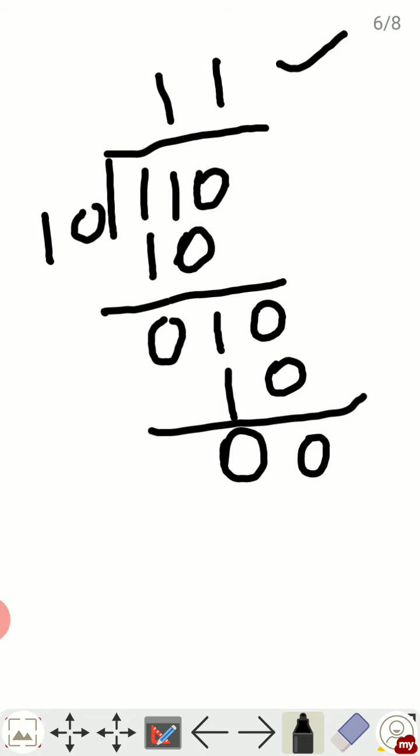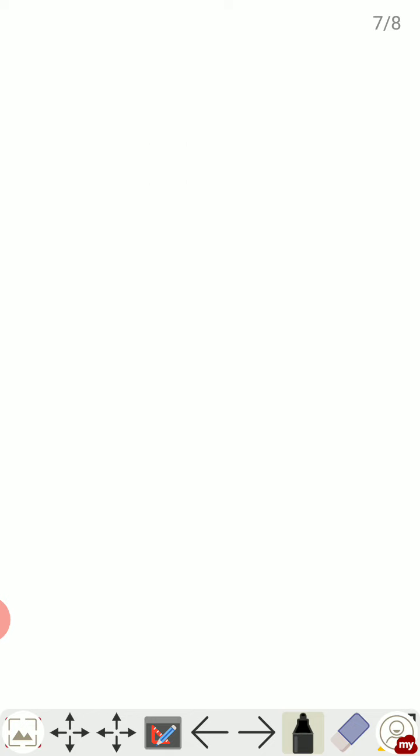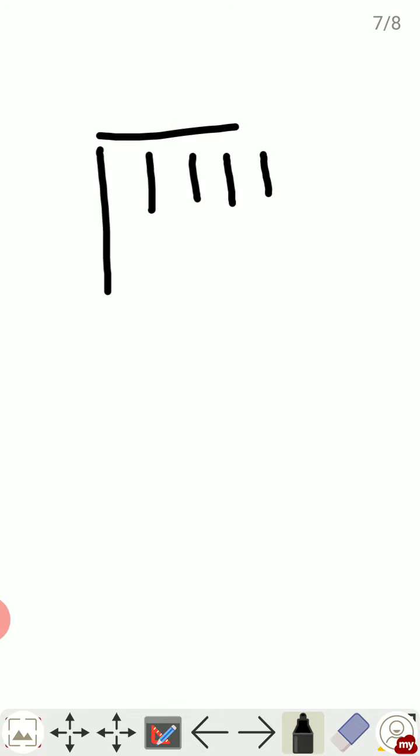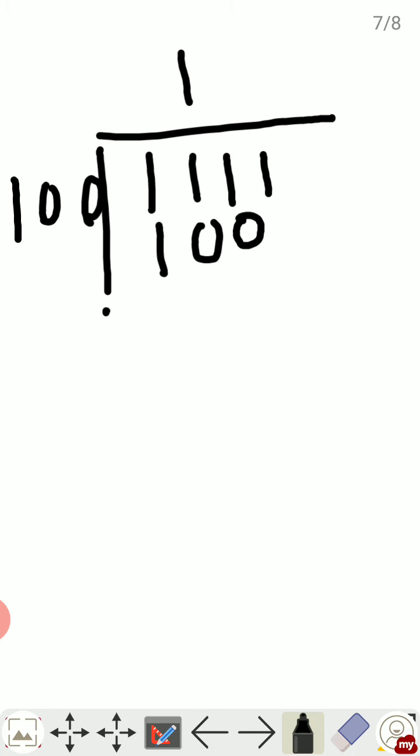Let's take one more example. Suppose we divide 1111 by 100. As here there are 3 digits, we will first take these 3 digits. So 1 time this will go, 100. Let's subtract this. 1 minus 0 is 1. 1 minus 0, 1. 1 minus 1, 0.